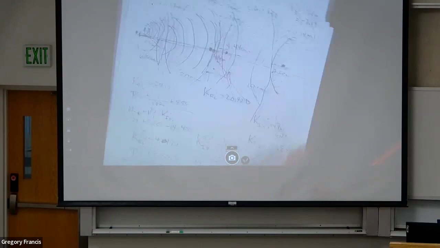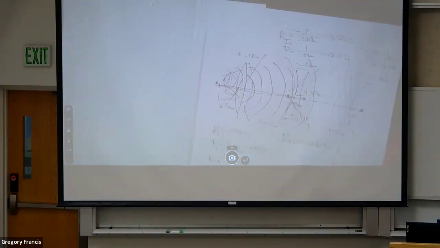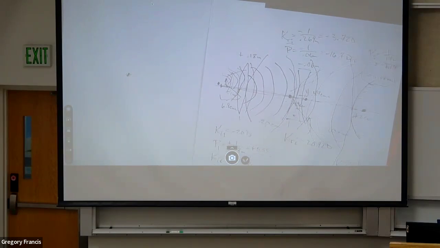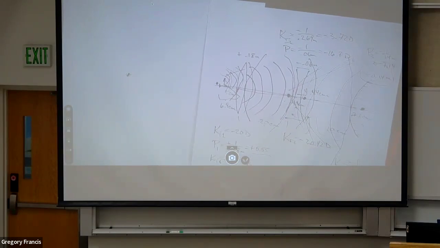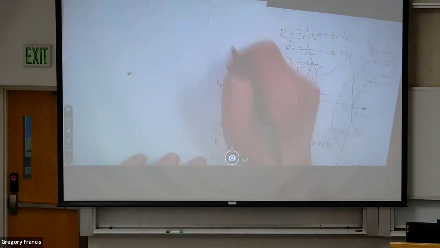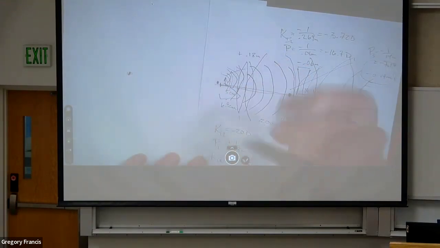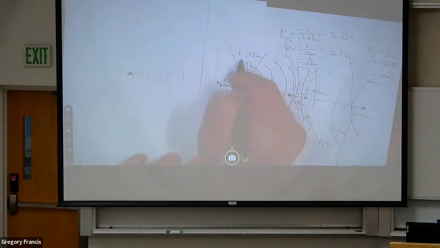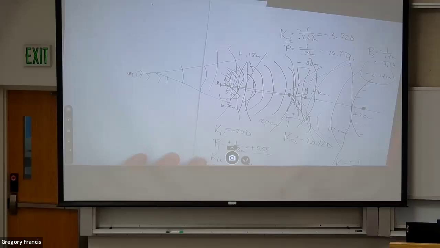I've got to move the paper out here, and there's going to be a real image out there. But it's real because that last curvature is positive. I know that the waves coming out of here are eventually going to focus, and that means that the rays are focusing down.